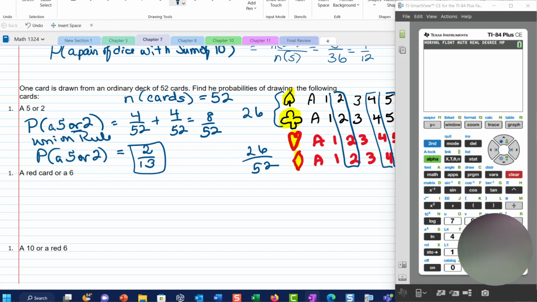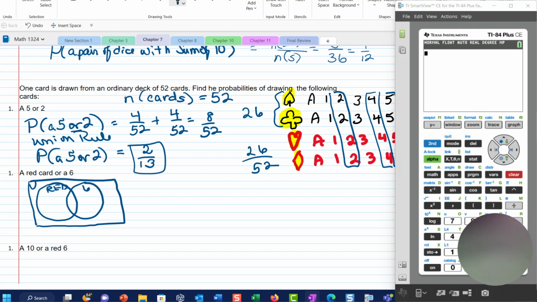All right, so now we want a red card or a 6. So if I drew a Venn diagram, I would have red, and I would have 6, because those are the two. And we notice that it's overlapping.